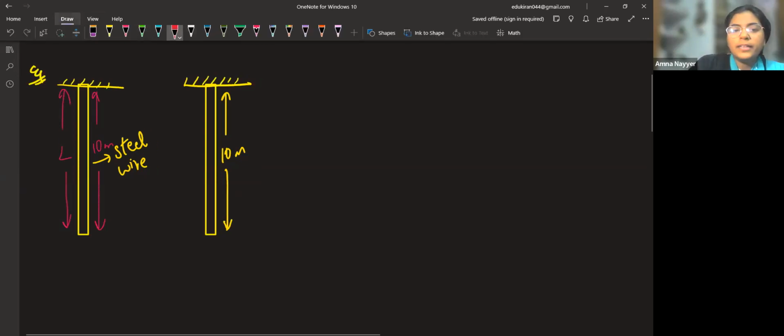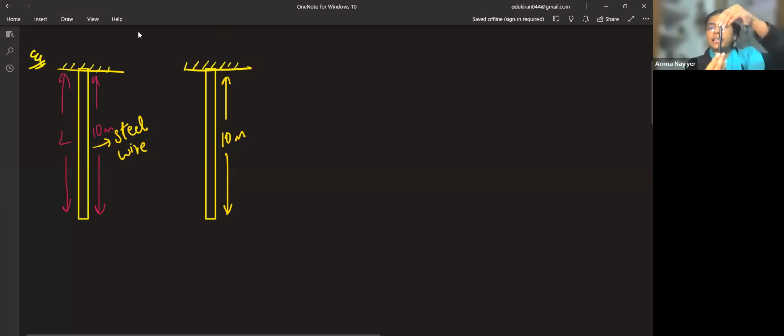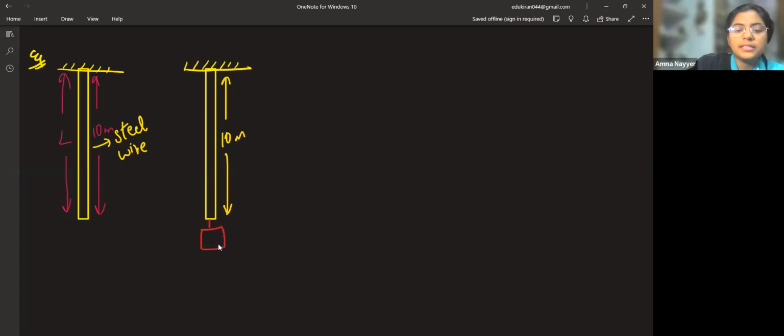Now what am I doing? One end is fixed to the wall, that you can see I've marked. To this other end which is free, I am inserting a mass. Now what will happen as per your knowledge?